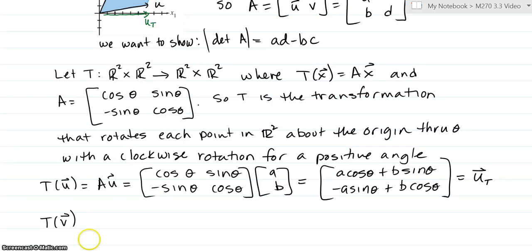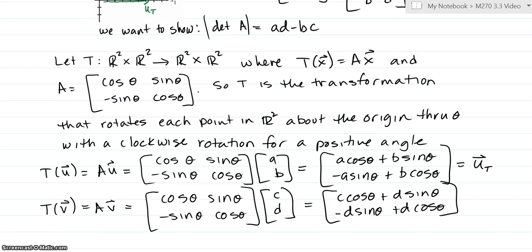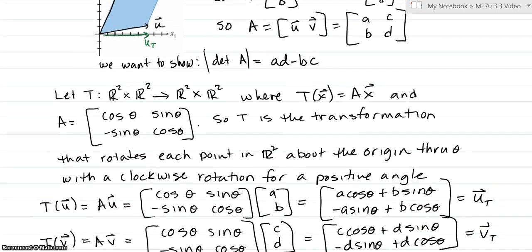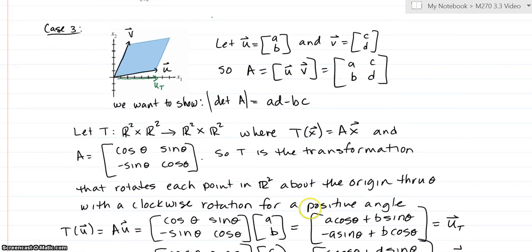Now let's do the same thing for T of V. T of V is going to be the same thing, but with CD. And we'll call that V sub T. V sub T is going to be somewhere. Well, it's not proportionally right, but that's going to be the angle there. So you can see it's going to be the same area, isn't it?